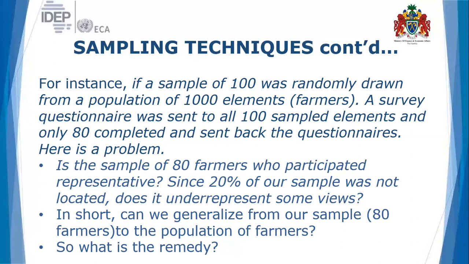So a statement can be included that the findings are applicable to the 80 farmers, or the community from where the farmers were drawn, but not the entire population, so that the reader or whoever uses that information understands that limitation and knows the context within which to apply the findings of that study.